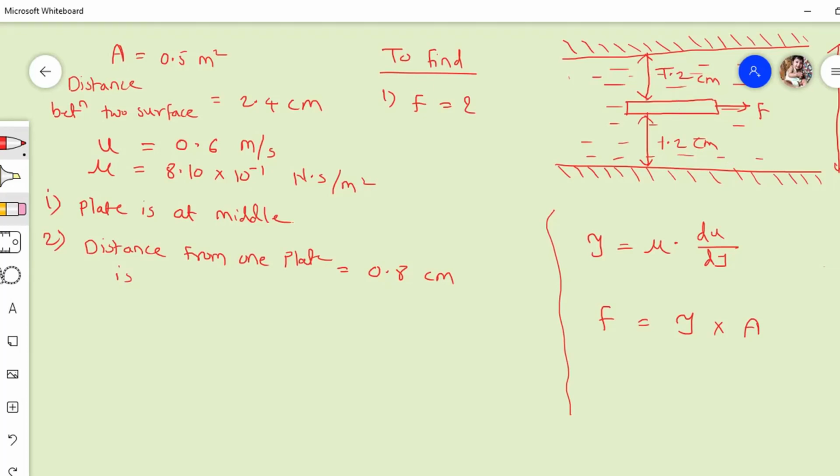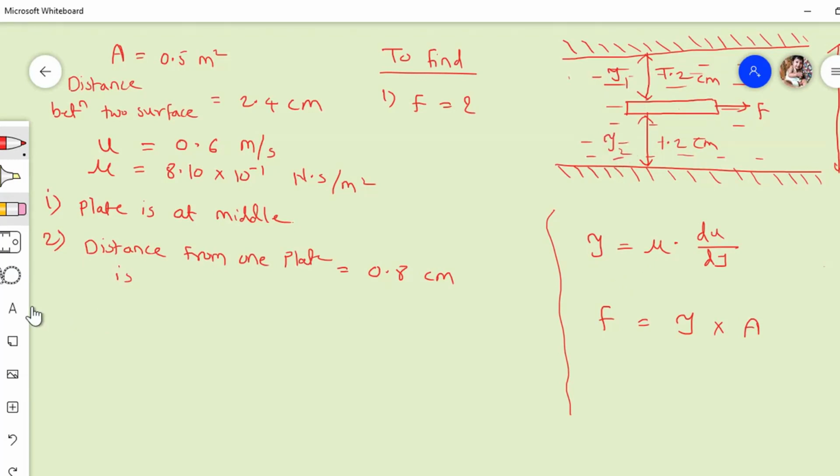This is not y. 2.4 centimeter is not y, because we are calculating the shear force along this plate and this surface from one side, and on the other side also we will calculate. So what I have to do, I have to find out shear stress for this upper plate, then shear stress for lower plate, and combinedly I have to take the value of this tau to find out the force. So I have to find tau 1, then I have to find tau 2.